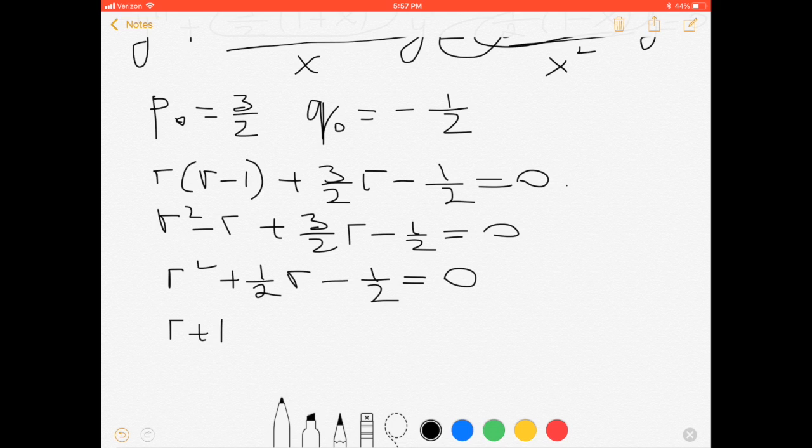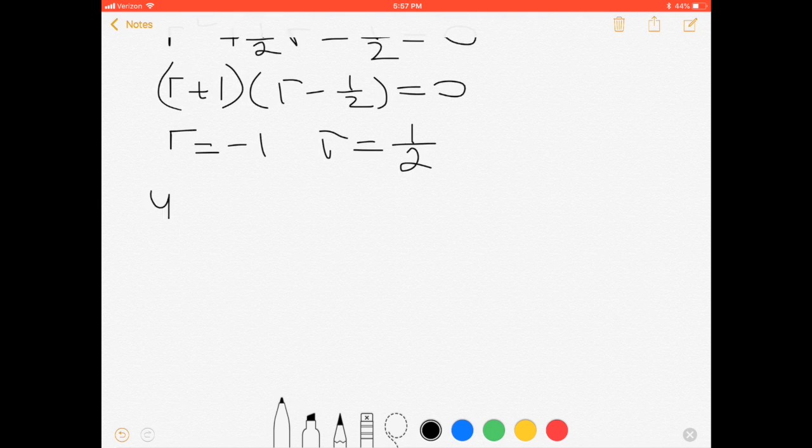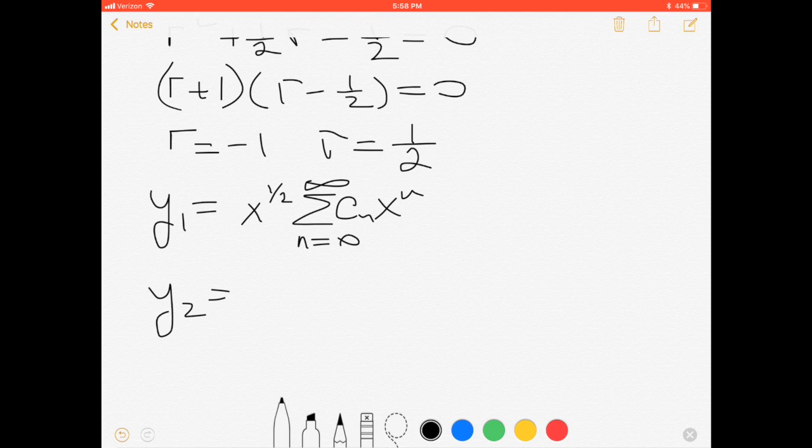This means we have (r plus 1)(r minus 1/2) equals 0, and we have two solutions: r equals minus 1 and r equals 1/2. So the first solution will be x to the power 1/2 times the series of c_n x to the power n from 0 to infinity, and the second solution will be x to the power minus 1 times a series. The coefficients are different, so it is better to write the first as a_n and the second as b_n x to the power n, from 0 to infinity. Great.